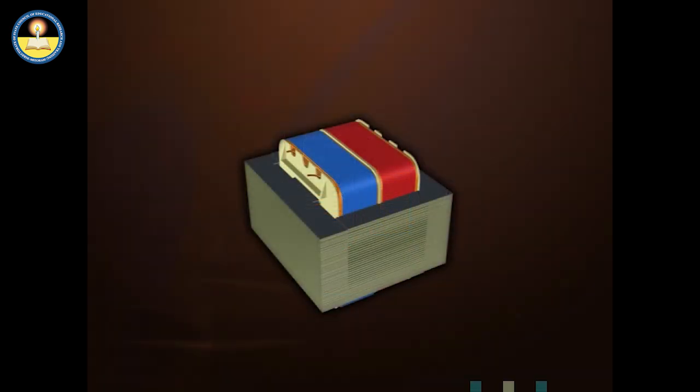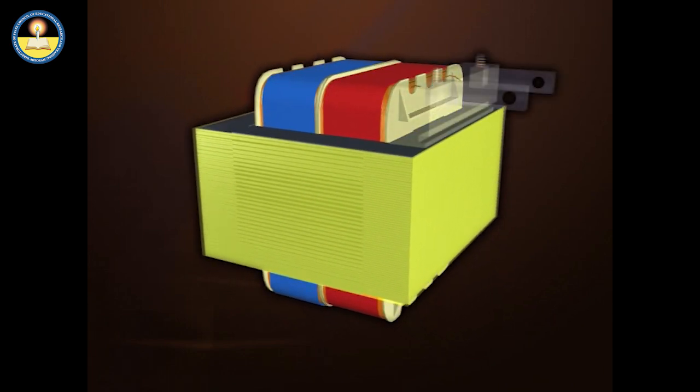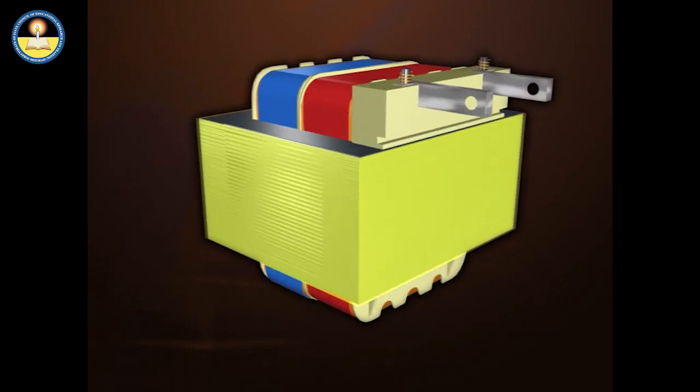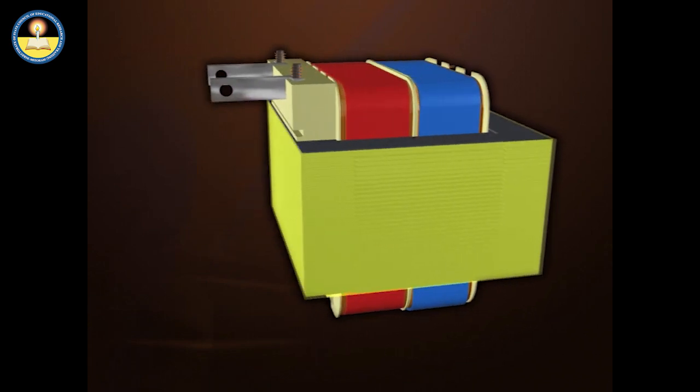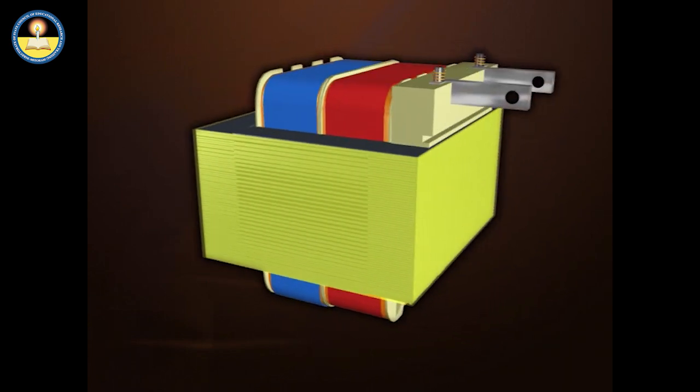In general, a transformer works to convert between two voltages and two currents. It can be seen as a converter of one power pack into a different power pack with desired voltage and current ratings.